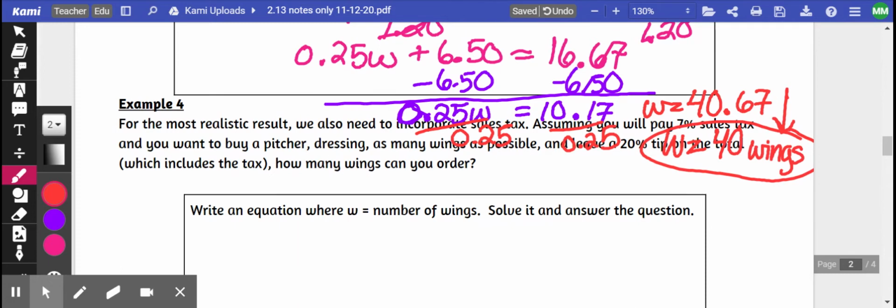Okay, the last thing that we need to account for in this problem is our sales tax. So to make it the most realistic, we're also going to incorporate sales tax. And with this one, we're going to have the tip also include the tax, because it's going to be easier for us to calculate the tip after we apply the sales tax.